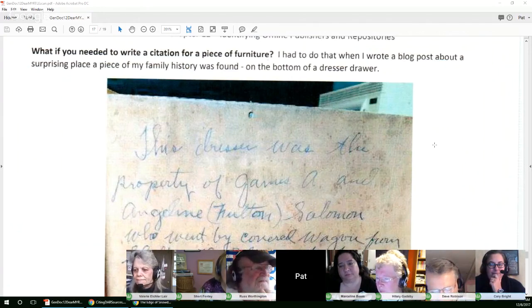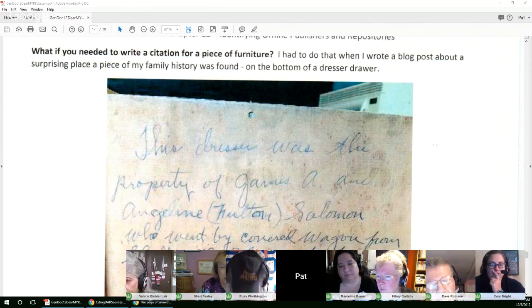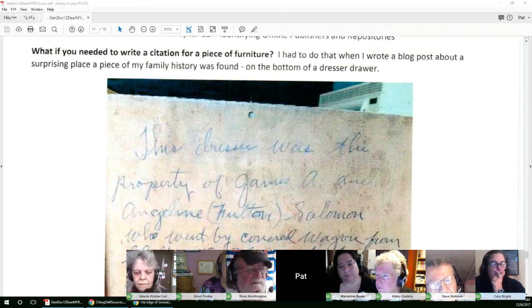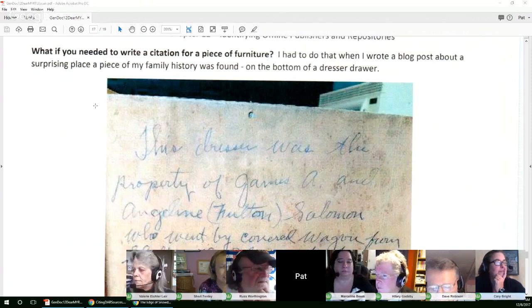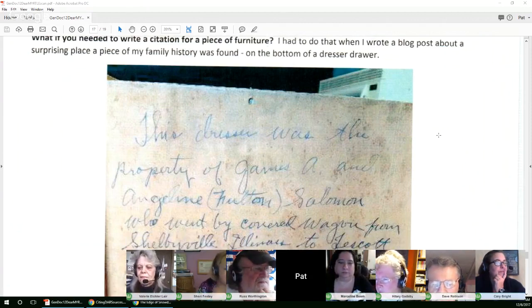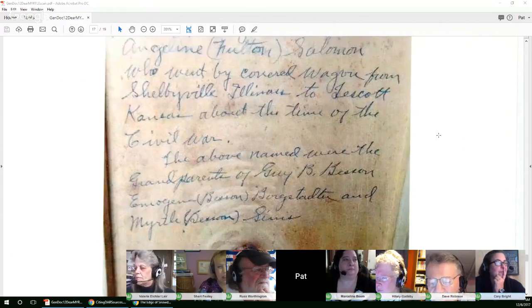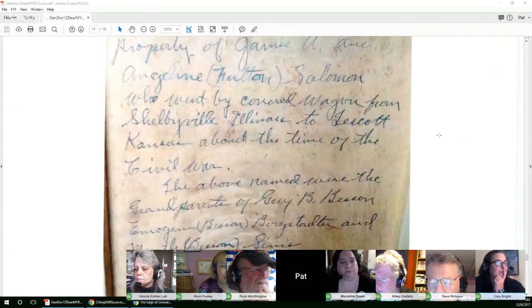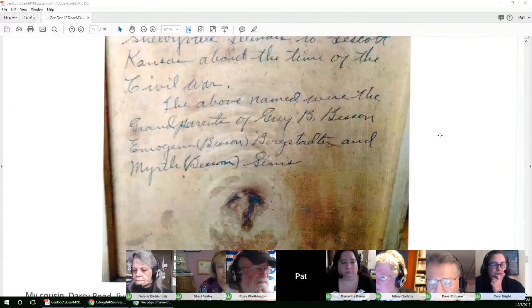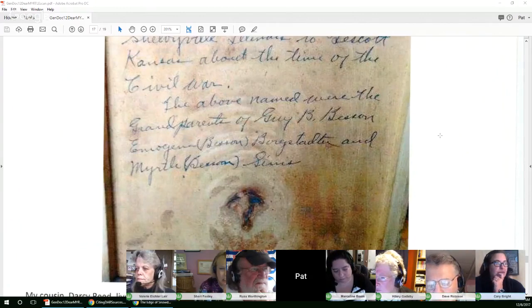So you had this dresser drawer, and luckily you were moving it. Initially, no. My cousin Darcy in Kansas, the whole reason I went to Kansas to see the drawer. Her father gave it to her. It had belonged to our grandmother, and she removed all the drawers so it would be easier to move upstairs. As she was putting the drawers back in, she noticed writing on the back.